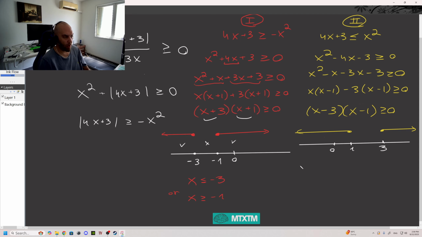So I have both of these. And now it's hard to see. So let me take this plot and put it underneath to see the mutual x's that are allowed. So this is 0, this is -1 and -3.